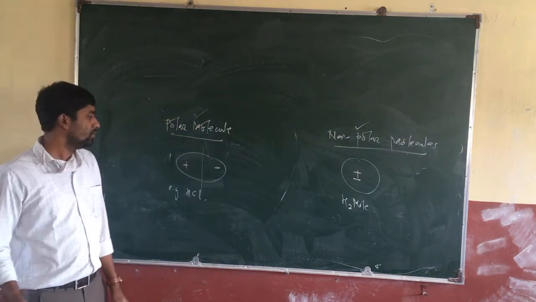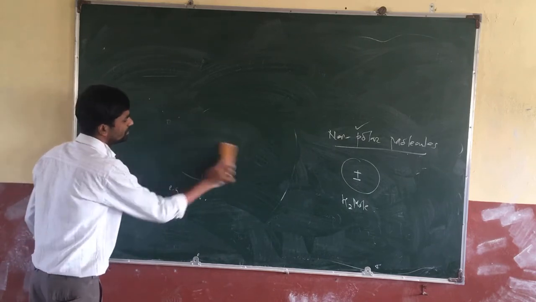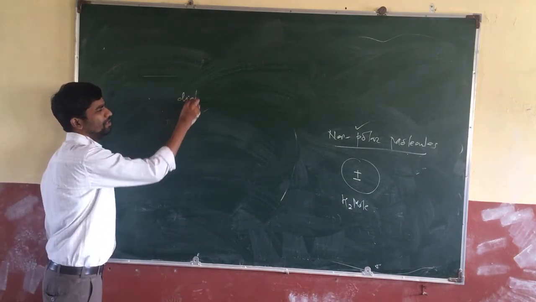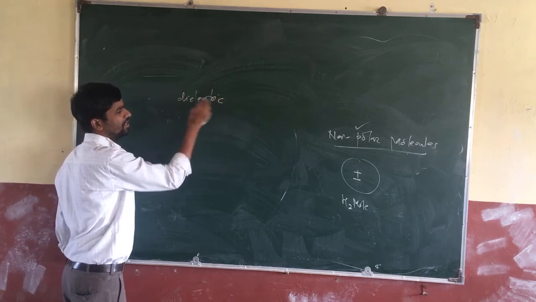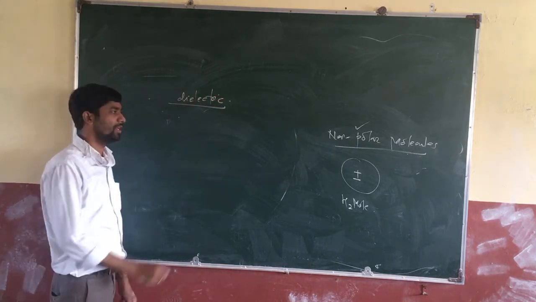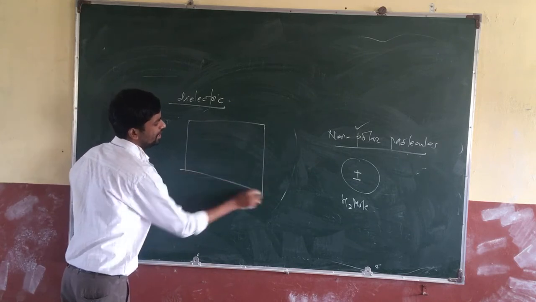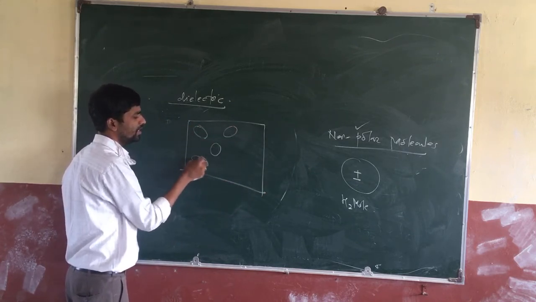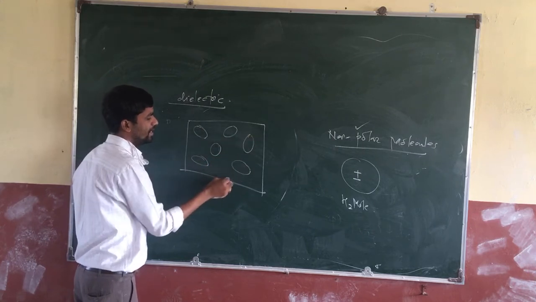Now, generally, if you take any dielectric material, dielectric is an insulating material. In a dielectric material, there are a number of molecules. These molecules will be oriented in random directions.